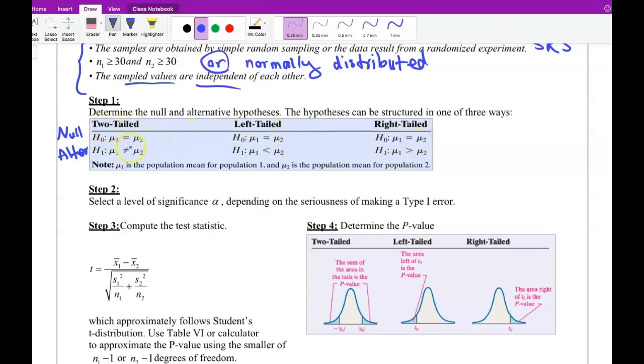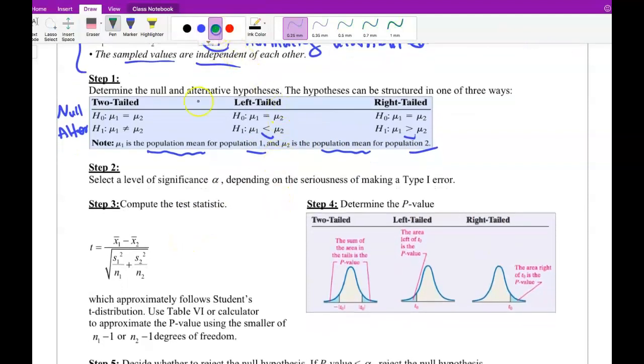For the alternative, we have not equal to; when it's left, it's less than; when it's right, it's greater than. And mu1 here is the population mean for the first population, and mu2 is the population mean for the second population.